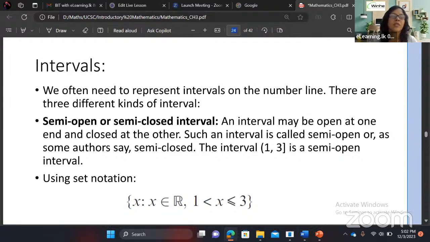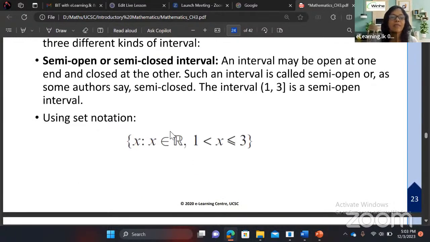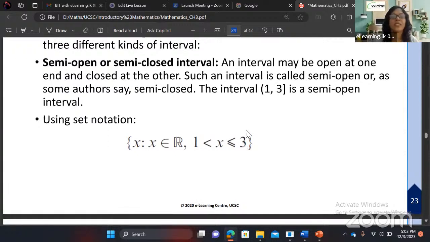Both are the same. Here you can see, with the inequality signs, you can represent it: x belongs to real numbers, x is greater than 1 but less than or equal to 3. Right? Here you can see the difference.